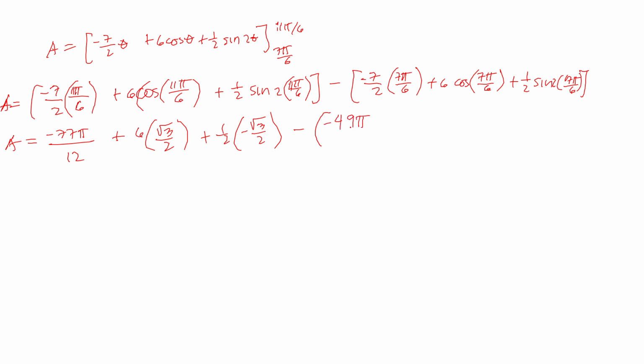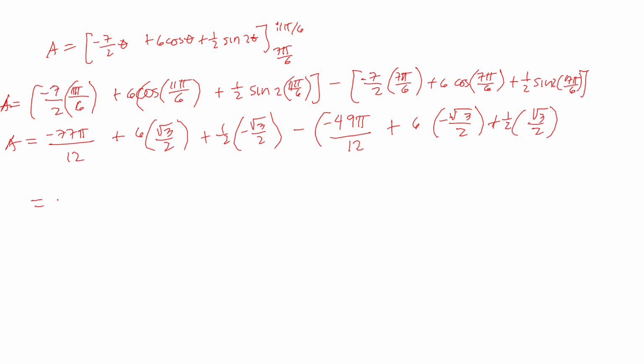Then minus negative 49 pi over 12, then plus 6 times cosine of 7 pi over 6, that is negative square root of 3 over 2, then plus 1/2 sine 2 times 7 pi over 6, that is plus 1/2 times square root of 3 over 2.